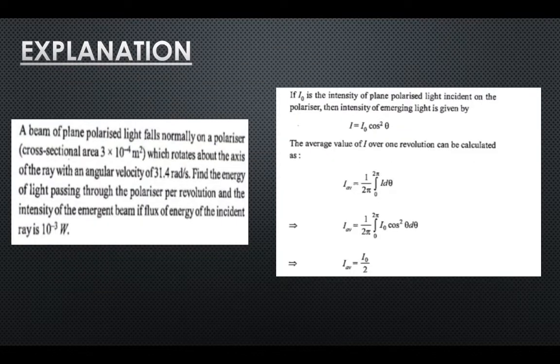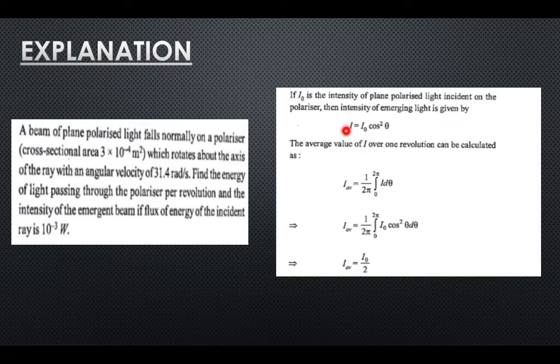So coming to the explanation part, first we will find the requirements to find the energy and the intensity in the format asked in the question. On seeing the solution, if I naught is the intensity of the plane polarized light incident on the polarizer, then the intensity of the emerging light is given by I equals I naught cos square theta.